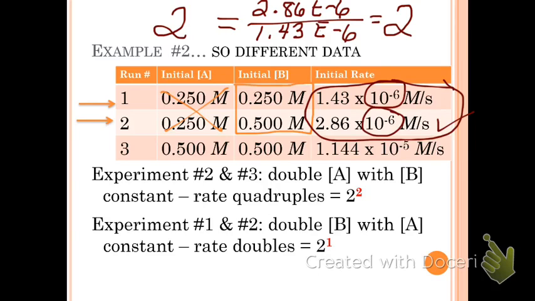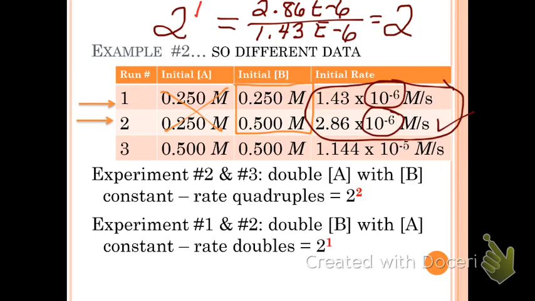2 to what power is equal to the number 2? 2 to the first power is equal to the number 2. I think I went over when we did example 1 that any base number to the 0 power is going to be equal to 1. Any base number to the power of 1 will be equal to whatever that base number is.